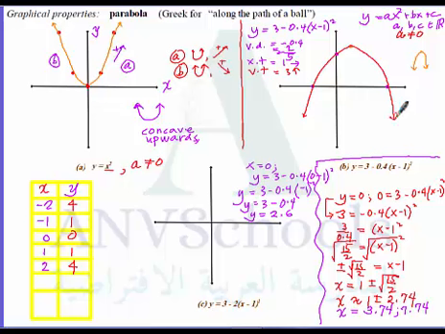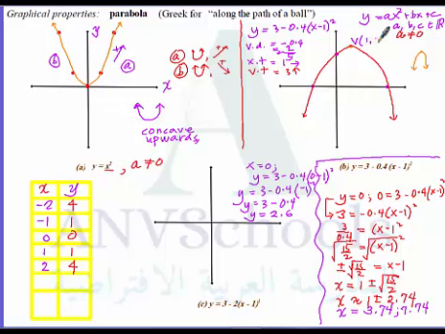Okay, what is this point? This point is the translated, the vertical translation and the horizontal translation combined. So what is this point anyway? This point is the vertex, and the vertex of the parabola that we did is actually (1, 3).